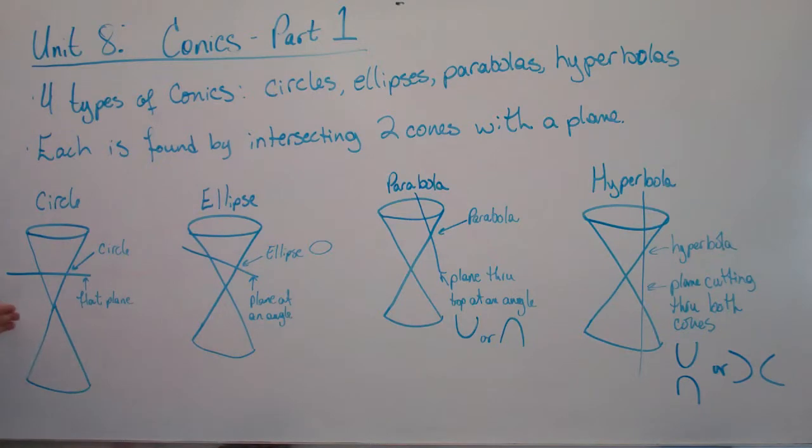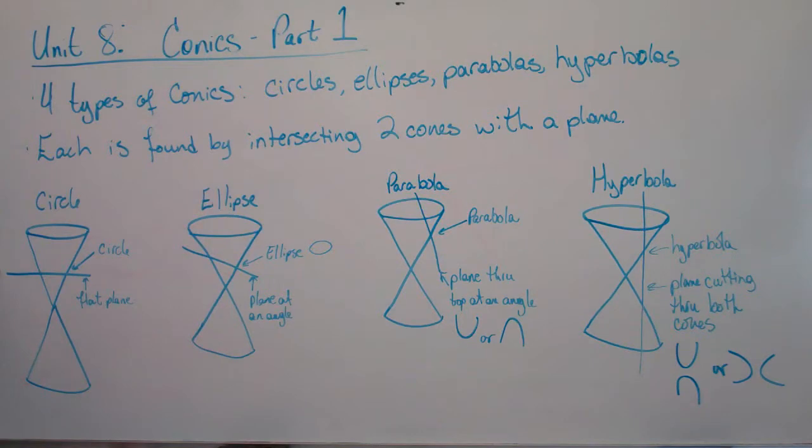Now, to get a circle, imagine two cones just stacked on top of each other at the vertex at the top. All right? The vertex angle there. So, that's your conic.